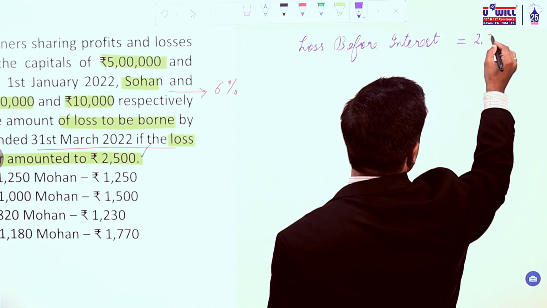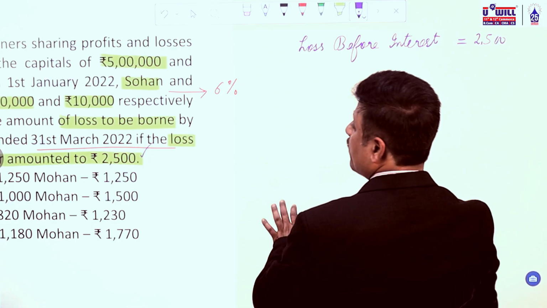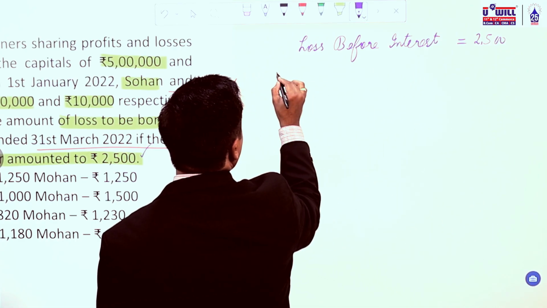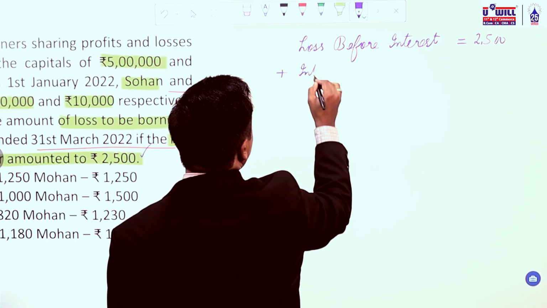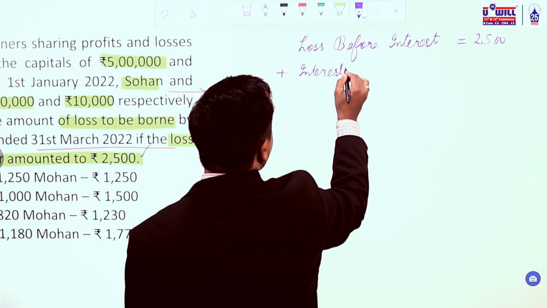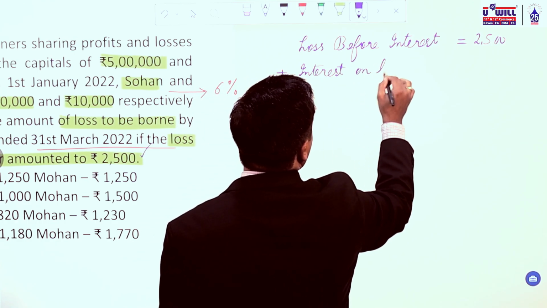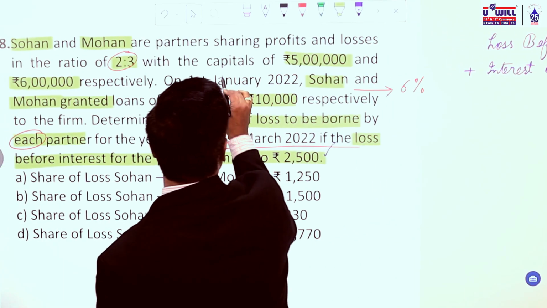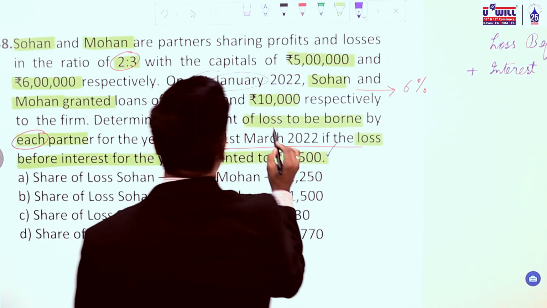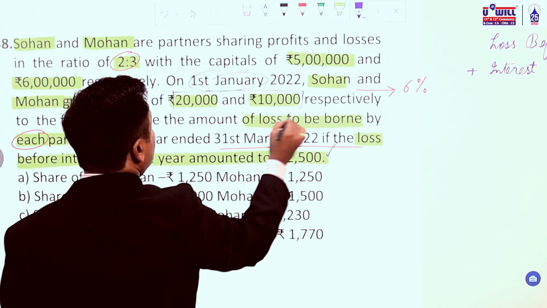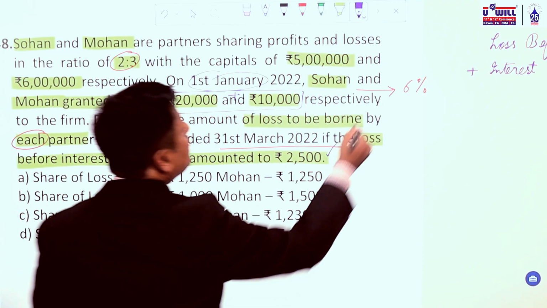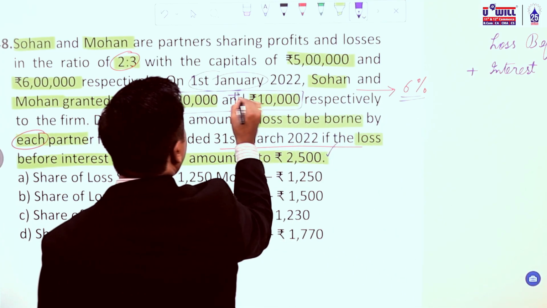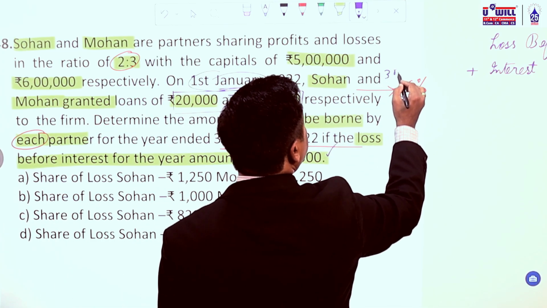Further, if we give them interest on loan, the loss will increase, so I am adding it. Both of them have given loan on 1st January. So directly I can add 20 plus 10, total loan of 30,000, at 6% interest, and January, February, March, 3 months interest we have to give.